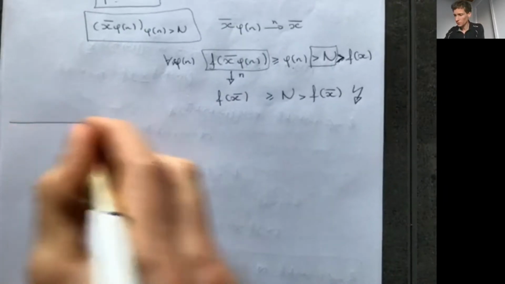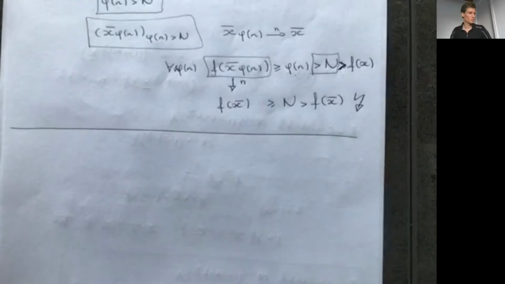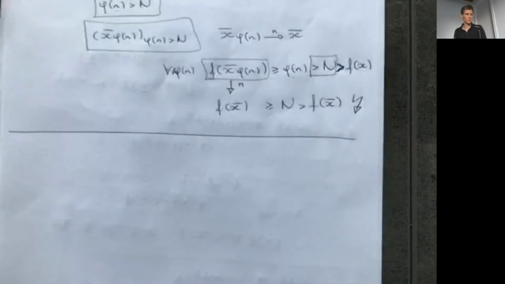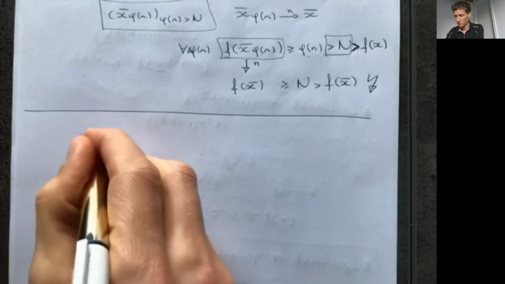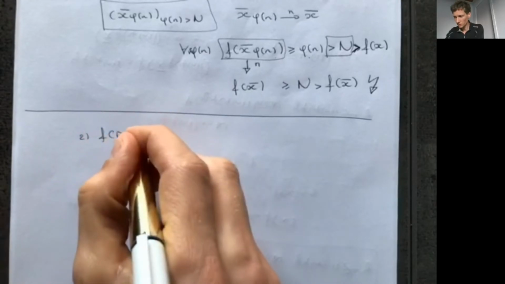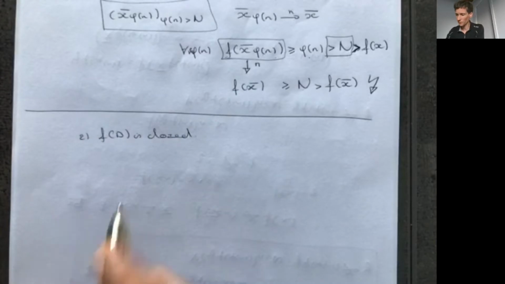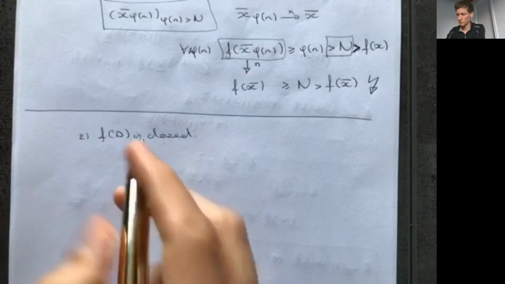Okay, so far we have seen that the first part here is that the range is a bounded set. Second thing we need to show is that f of D is a closed set. And how do we show that the set is closed? Well, we take a sequence in the set, right?